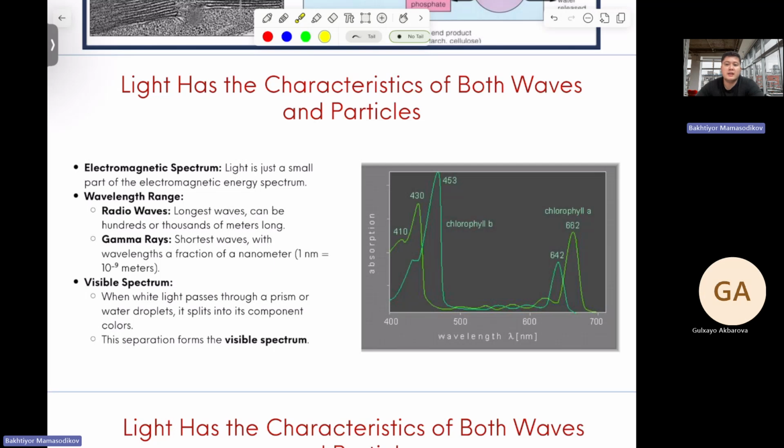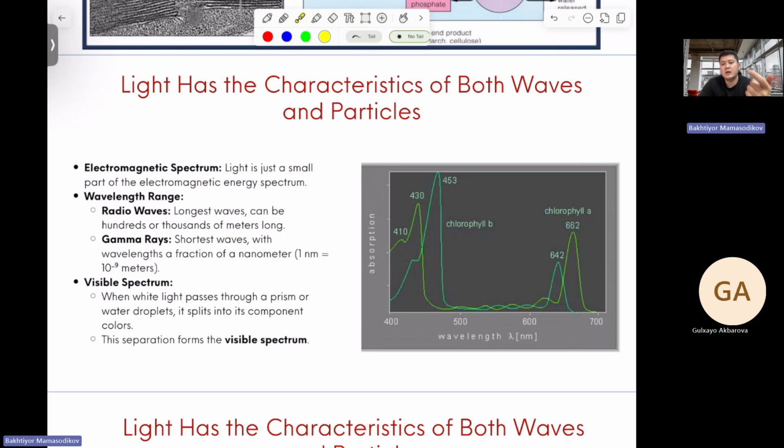And what is the electromagnetic spectrum? It includes all types of electromagnetic waves, from the long radio waves to the short gamma rays, okay? It includes radio waves, microwaves, infrared waves, visible light waves, ultraviolet waves, X-rays, and gamma rays.